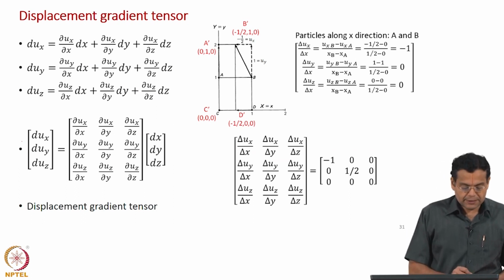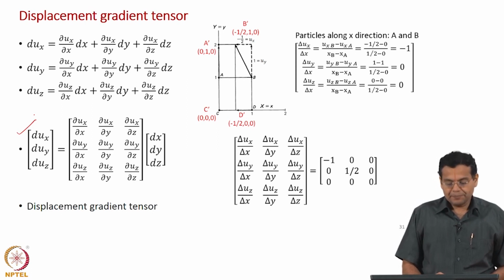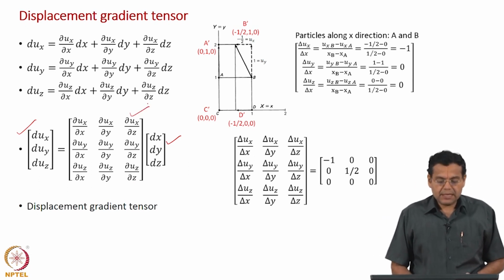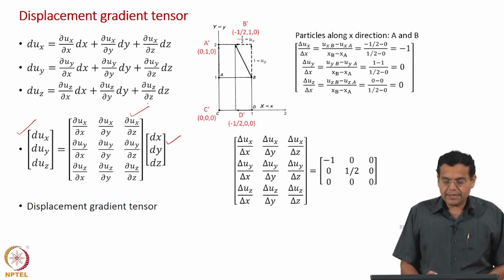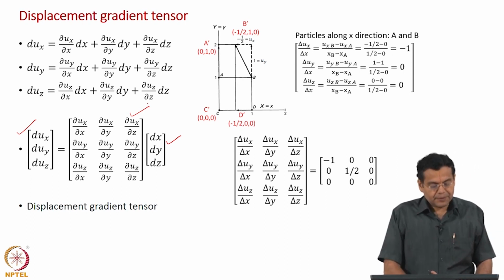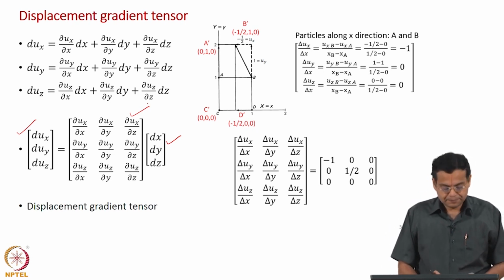We could express the relationship between dux, duy, duz in terms of dx, dy, dz, and the tensor relating these two is the displacement gradient tensor. So, this is the first method in which we arrived at the displacement gradient tensor the more mathematical way.